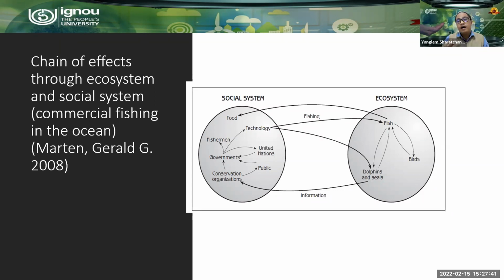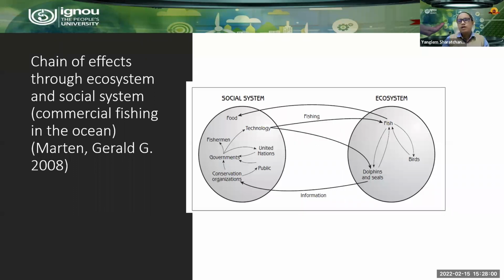Because of that, some information is always missed, right? So our objective is to harvest a particular species of fish, but there is an unintended impact on the other species.